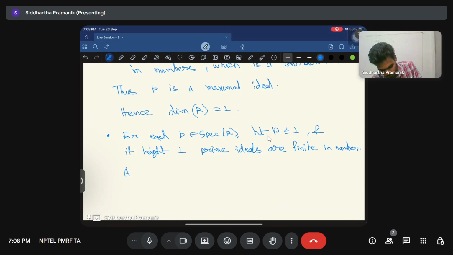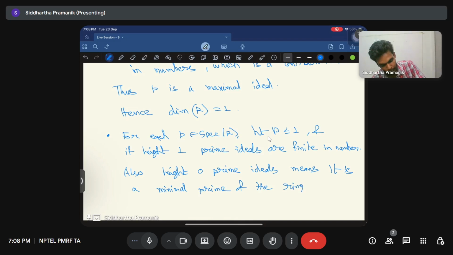Also, a height 0 prime ideal means it is a minimal prime of the ring. So height 0 means it's a minimal prime.